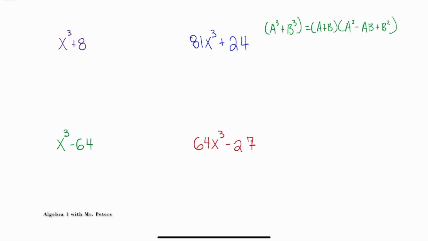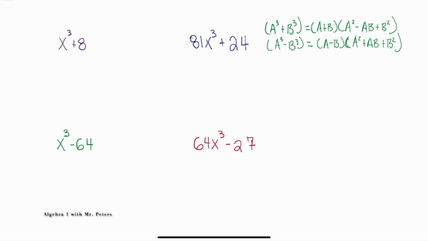Now the other format it could take is a to the third minus b to the third, and then we break this down as a minus b times a squared plus a times b plus b squared.